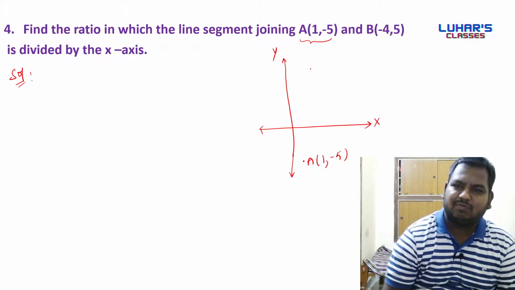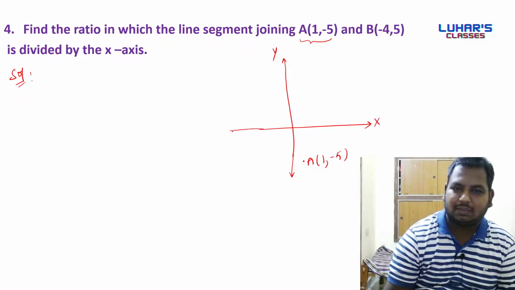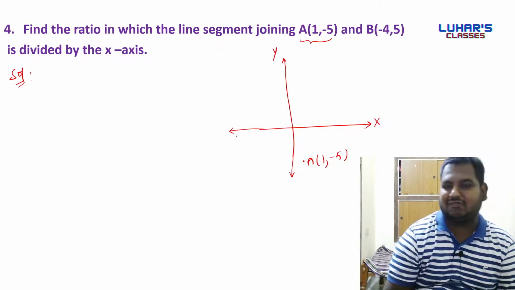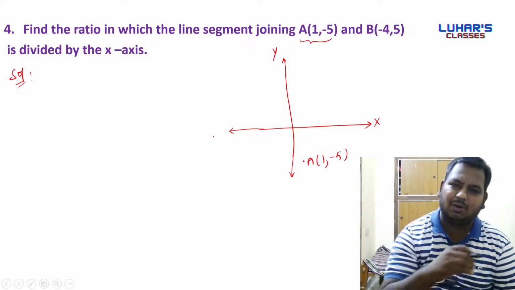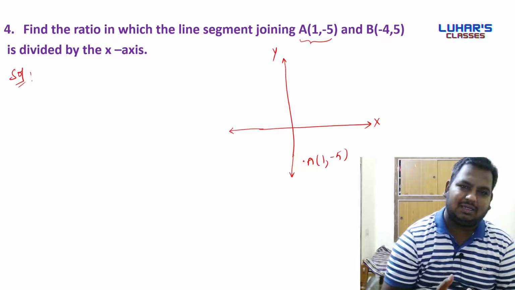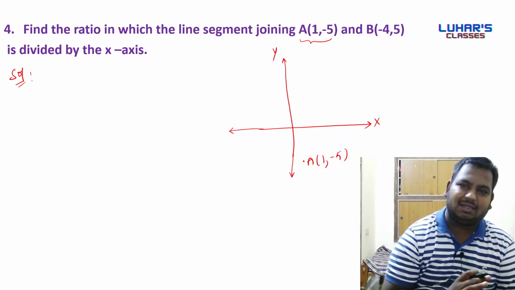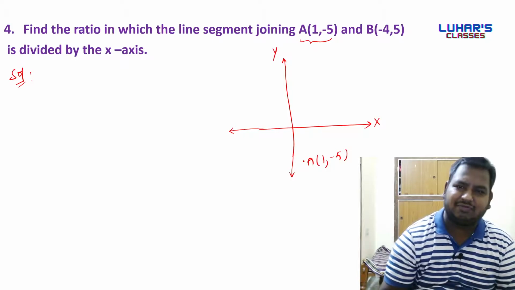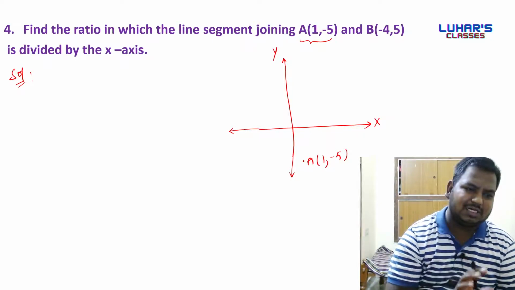Next, B of minus 4 comma 5 will be somewhere here. It's just a rough figure. I just want to give an idea how the problem looks if it is represented on the graph.